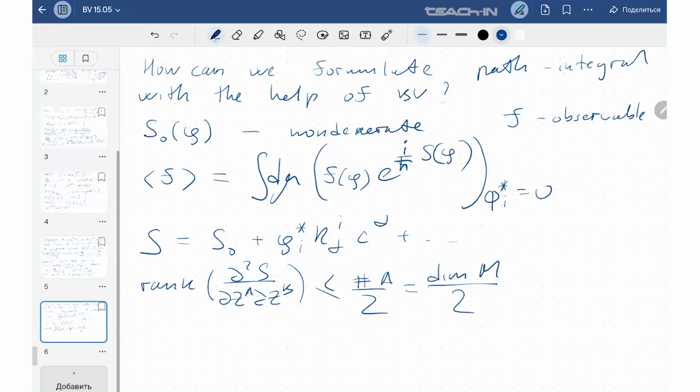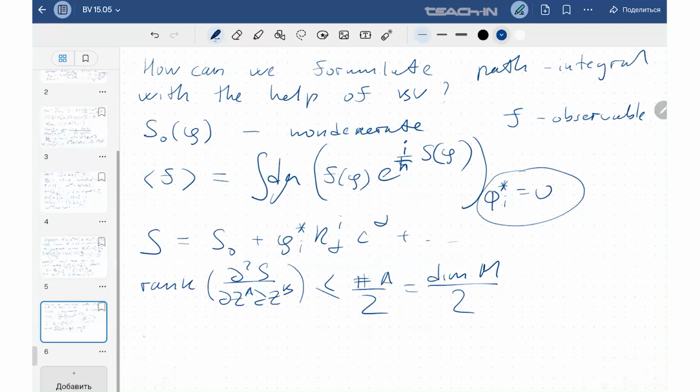So the idea of BV quantization is that we integrate the BV action over a surface, called the gauge fixing surface, which is precisely of dimension 1/2, but which in general is more tricky than just a surface where we set our antifields to 0.